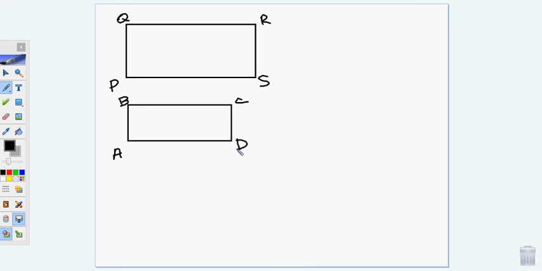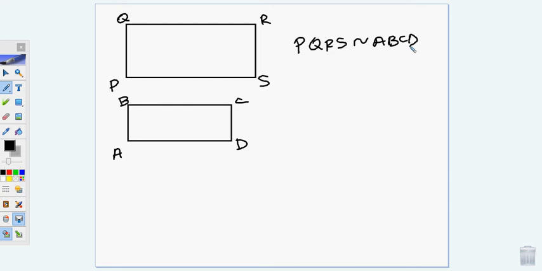If I tell you that PQRS is similar to ABCD, then this relationship also exists in the perimeter.